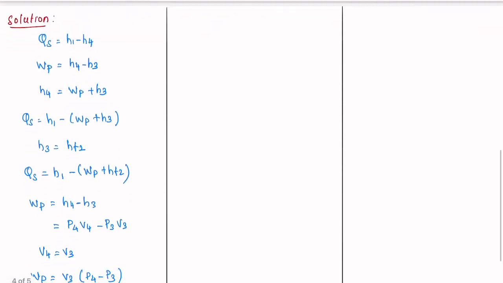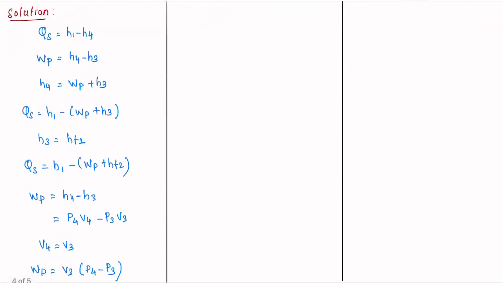And we know that V3 is equal to Vf2, and Wp can be written as Vf2 into (P1 minus P2). That is, the pressure P4 is equal to P1.